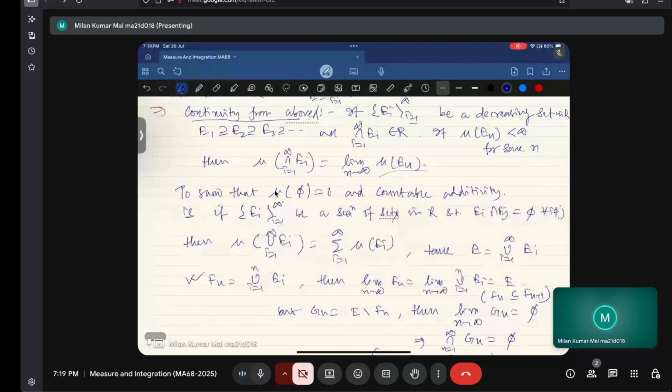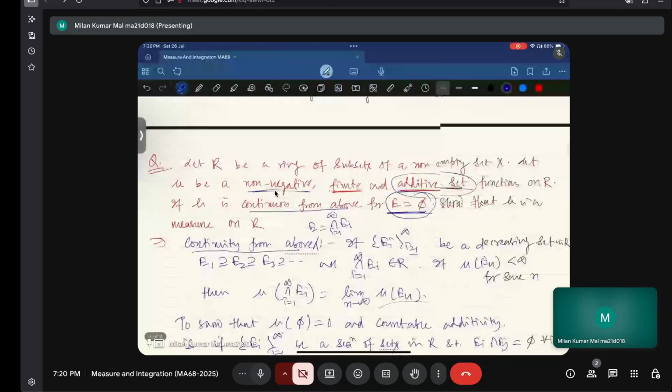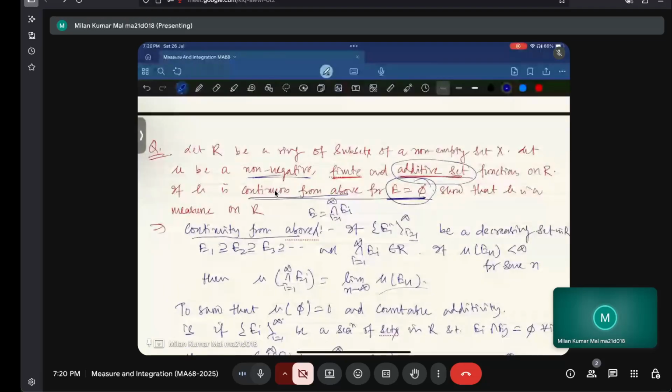Let Ei be a sequence of sets whose intersection is empty. Here finiteness is already given. Then mu of empty, which we have already proved, is zero.